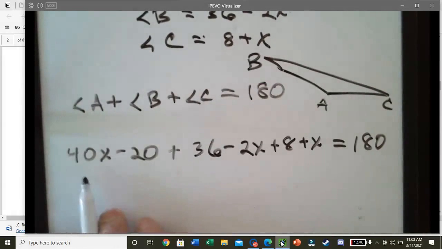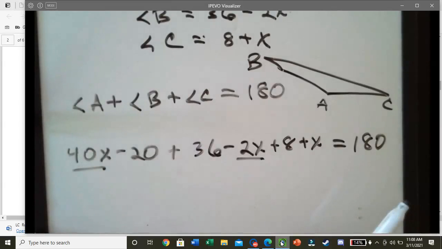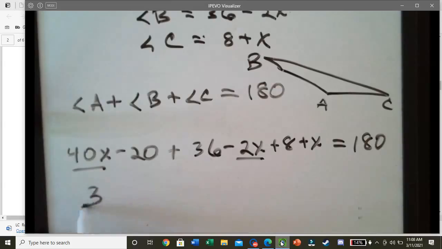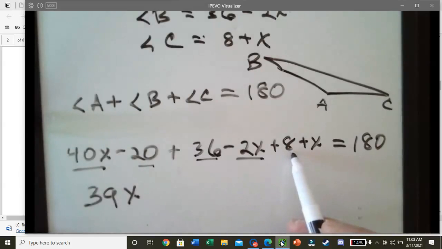Combine like terms, right. We've got 40x minus 2x, that's 38. 38 plus 1 is 39x. And you've got a minus 20 and a plus 36. So that'll be a plus 16. 16 plus 8 is plus 24.